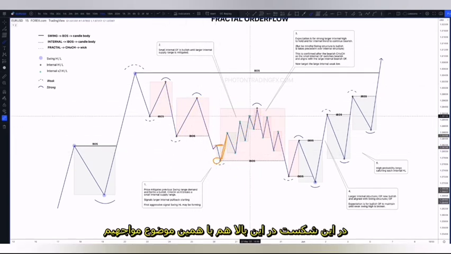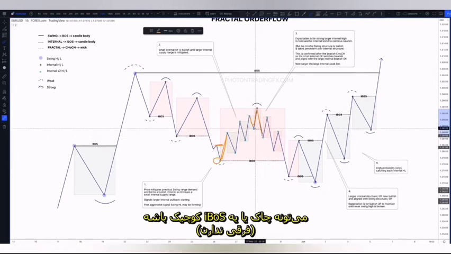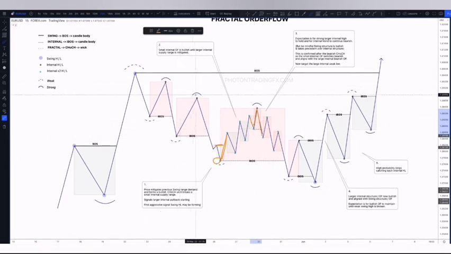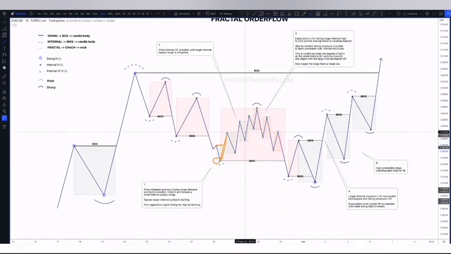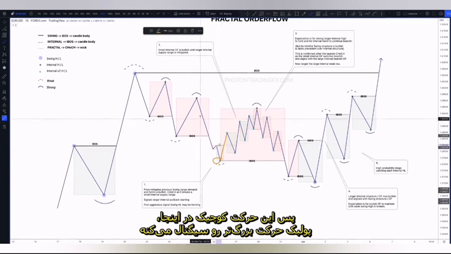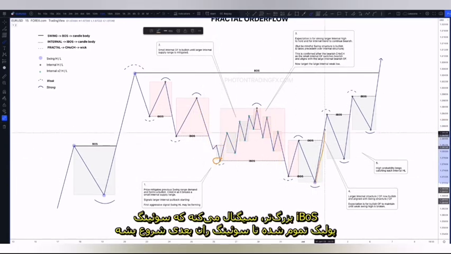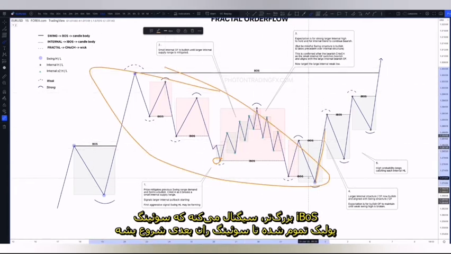Likewise, when we come up here and we get that, whether that's a chock or just a small IBOS, it's the same thing, because that just signals the internal pullback is over and the next larger internal run is going to go. So this small movement here just signals the pullback of the larger movement. The larger break of structure, of the larger internal structure, just signals the end of the swing pullback to get the next swing run.